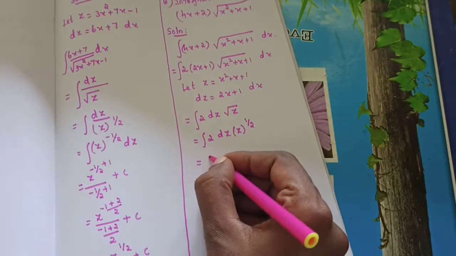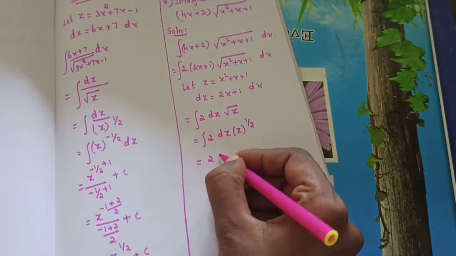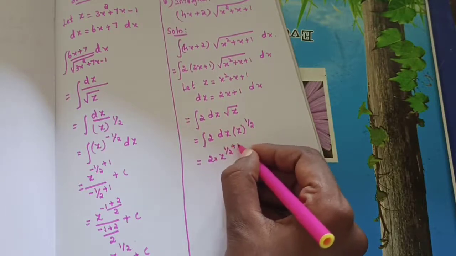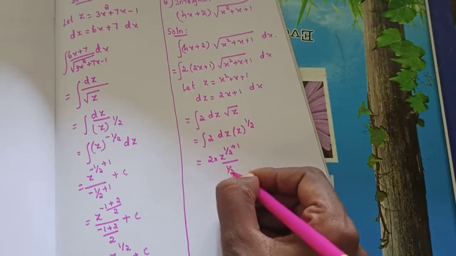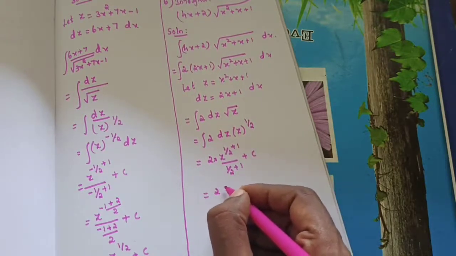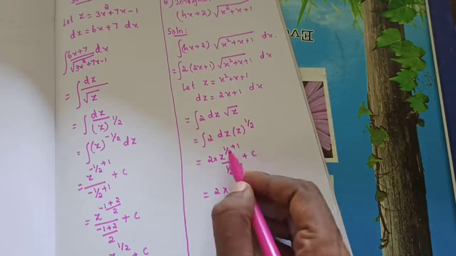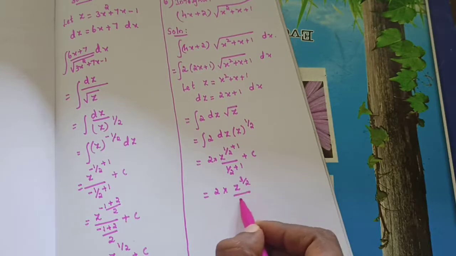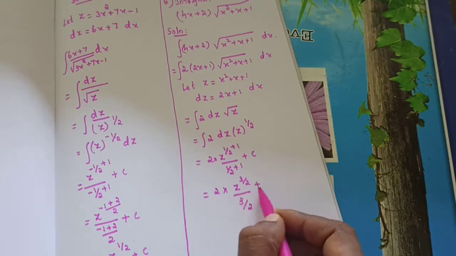So that's equal to 2 into, let's integrate using the formula for x power n. So 2 into z power (1 by 2 plus 1) divided by (1 by 2 plus 1) plus c. So that's equal to 2 into z power (1 plus 2), so how much will we get? 3 by 2 divided by 3 by 2 plus c.